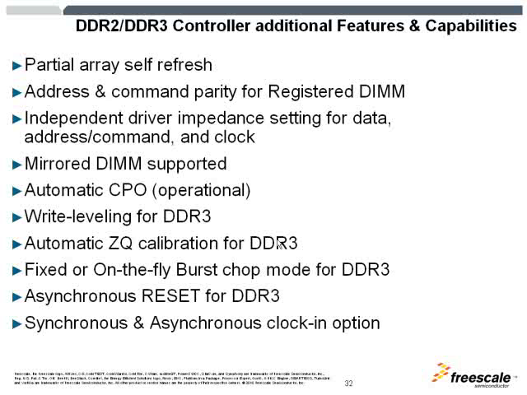I will touch on this in future slides. There is automatic CPO, or CAS to preamble override, and I will also touch on this in future slides. And also write leveling for DDR3 is supported, and we'll discuss this further as well.